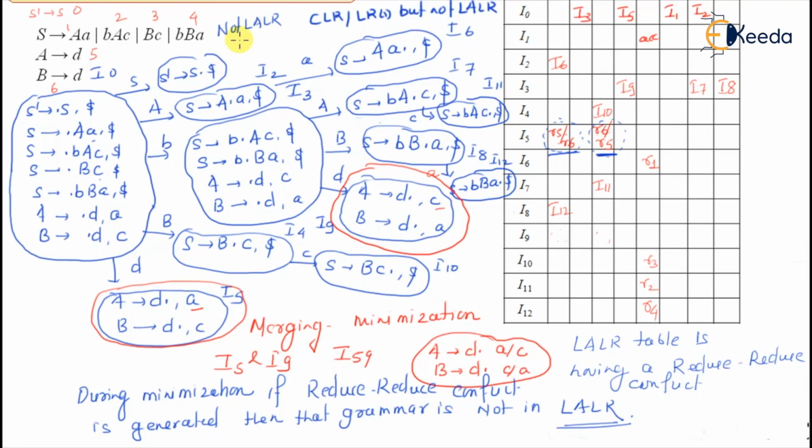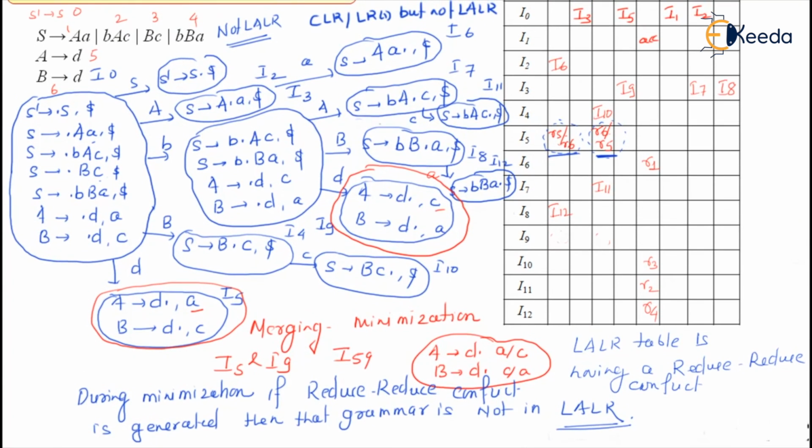Sometimes they ask the question, is it possible to generate a shift reduce conflict? Is it possible to have a shift reduce conflict? The answer is no. Because of minimization or merging, an SR conflict is not possible. The reason is that we are not changing the dot position.